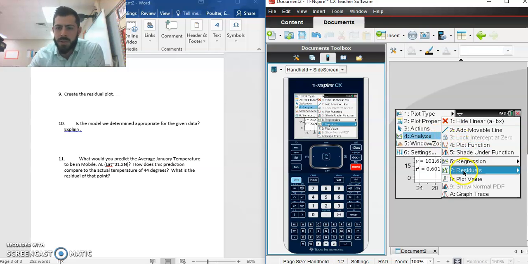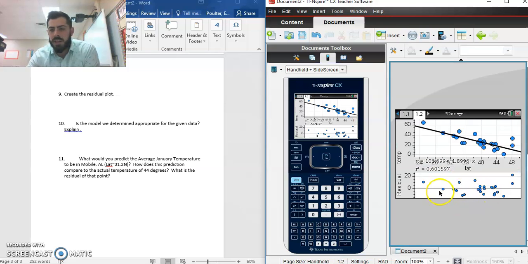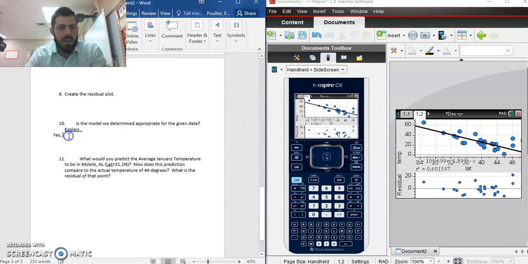We just go to residual, show residual plot, and sure enough, underneath it, it's taken this line and plopped it down here, made it the new sort of x-axis, and then said, okay, well, how far away each point is above the line is going to be how far in the y direction it is. And so you can see each of these points just sort of lines up with its corresponding point on the residual plot, right?